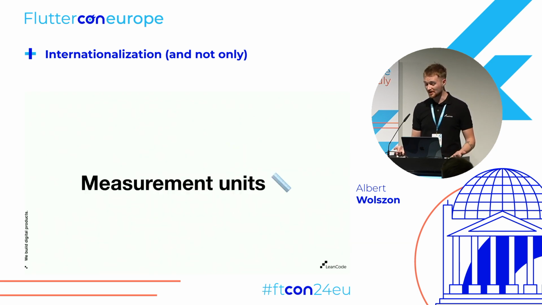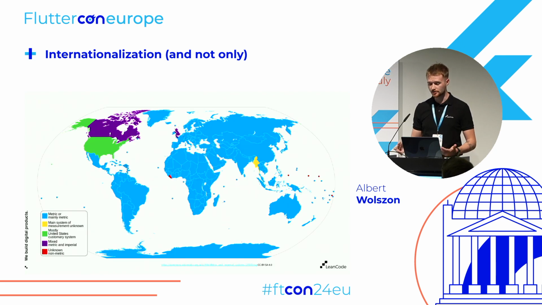The other thing, measurement units. Of course, we have the blue part of the world that uses the metric system and the rest. So we have the UK that uses the imperial system. We have the United States that uses something called the US customary unit system. That's very similar to the imperial system, but for fluids they use slightly different units of measurement.